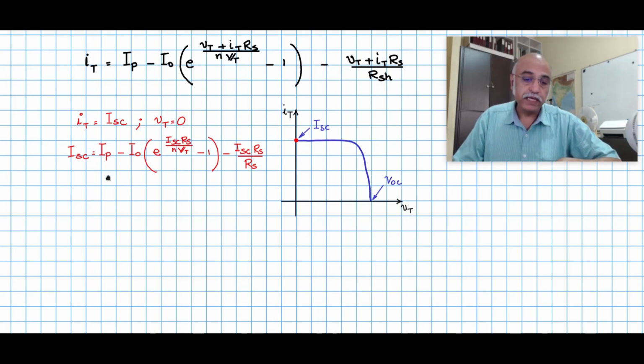Now further we can apply some more simplifying constraints, making ideality simplifications for Rs and R shunt.